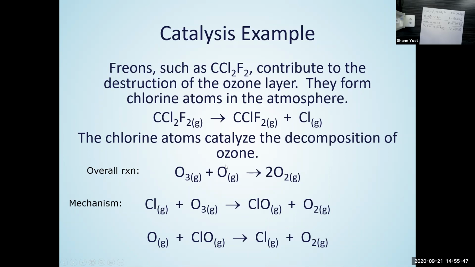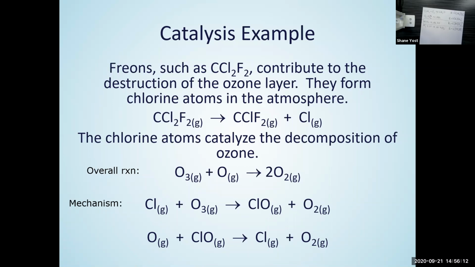It doesn't appear in the overall chemical reaction, but it's a reactant and then a product, while ClO is produced and then later consumed. So that is a product and then a reactant, so that's an intermediate. Cl is our catalyst and ClO is our intermediate.